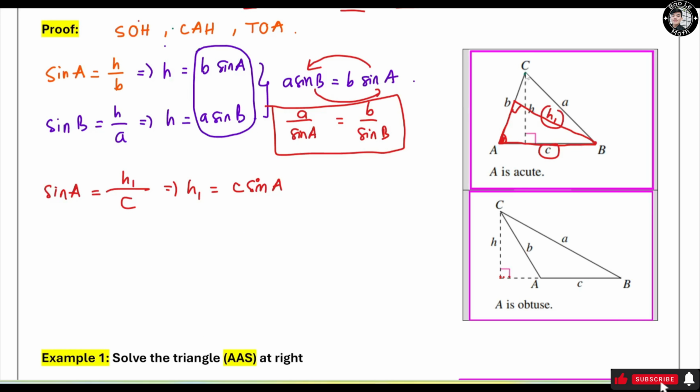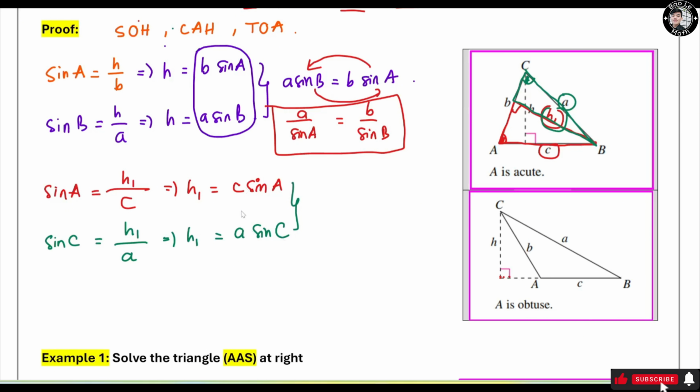Now we're going to apply the trig ratio in the right triangle right here for angle C, right? So we have sine C equals opposite, which is h1, over hypotenuse, which is a right here. So then h1 equals a sine C, right?